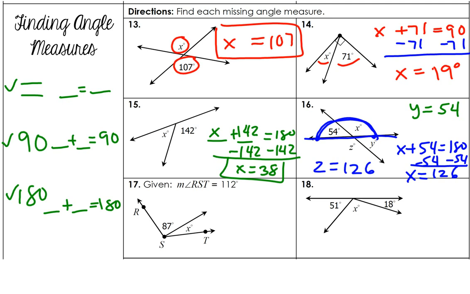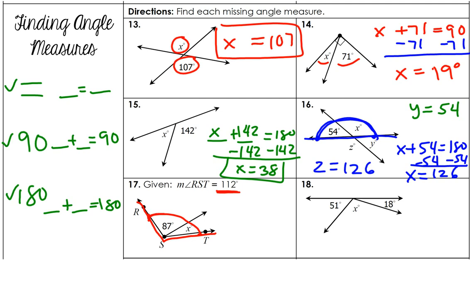Alright, let's try these last two. Question number 17. Given that the measure of angle RST, so that's from here all the way to there, that whole thing is 112. So what's the measure of x?